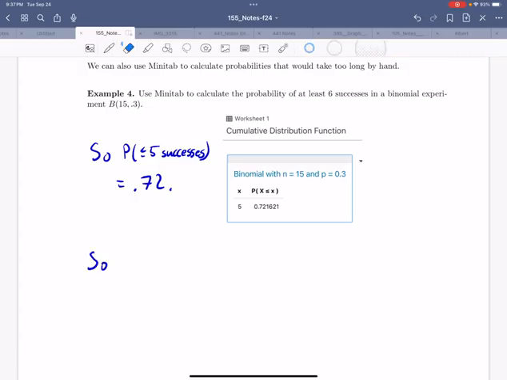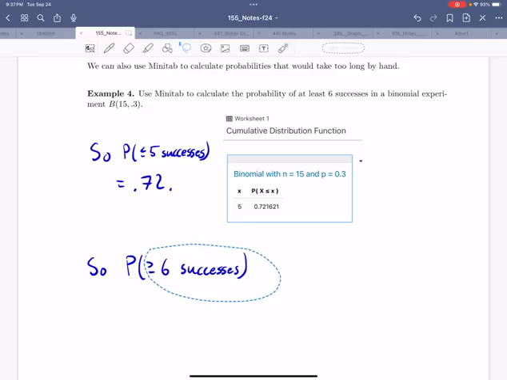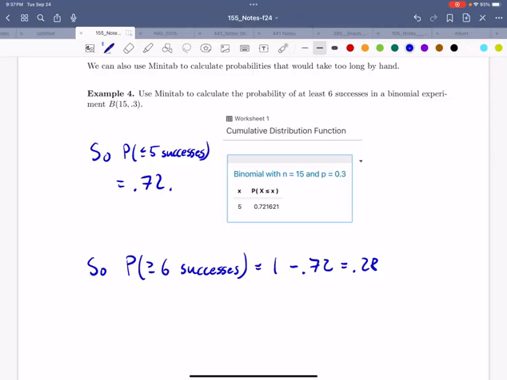So let's remember our basic complements, right? The probability of at least 6 successes equals 1 minus 0.72, which is 0.28. Okay, and that's all we've got.